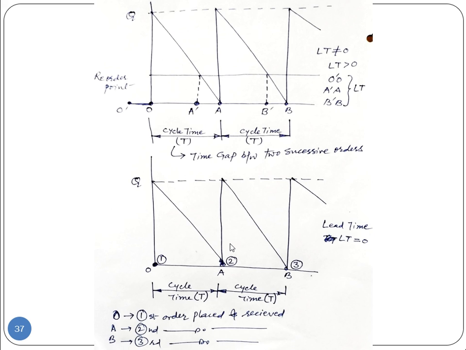Okay, now we are going to discuss some points regarding the reorder quantity and the cycle time. Now over there you can see in this graph, suppose this is the first day, this is the second day, this is the first order, this is the second order, this is the third order, and in this graph the supply is continuous, consumption is continuous, and no buffer stock is there and lead time is 0.